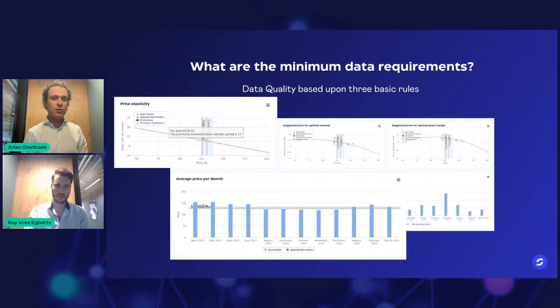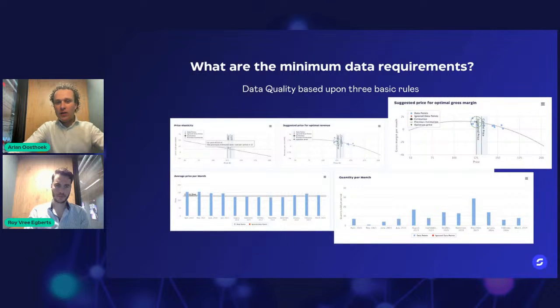But based upon our experience, it's really important to have a minimum amount of data quality in order to make confident and also statistically correct optimizations based upon price elasticity. So users of Simpson have a benchmark of a minimum of 0.4.